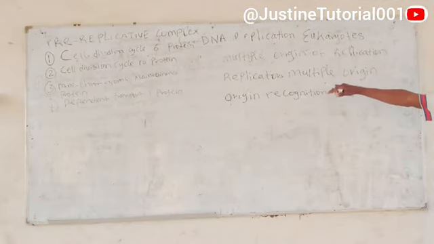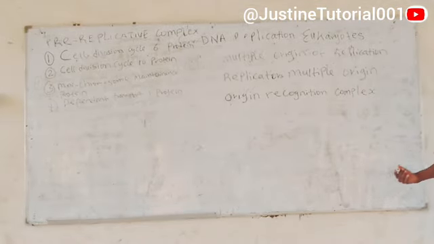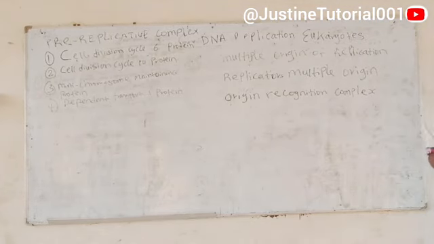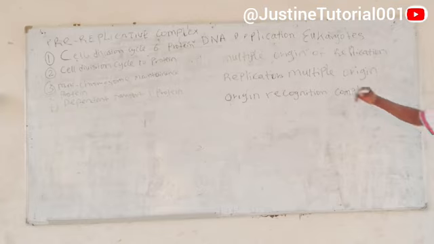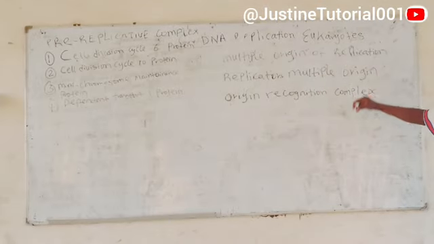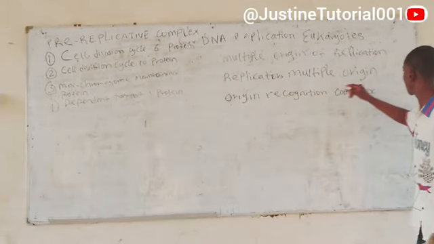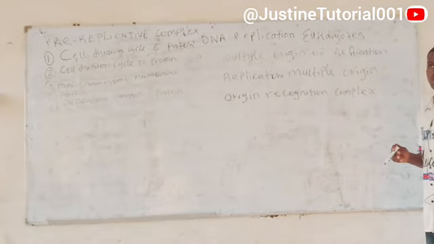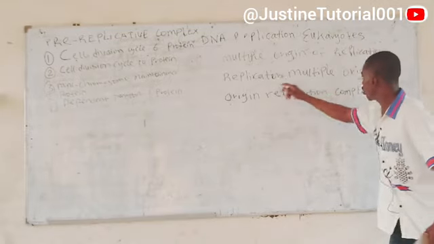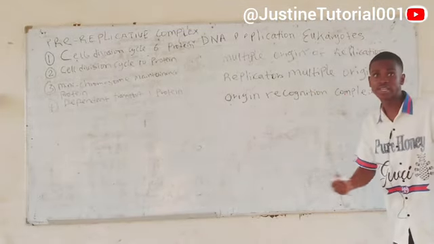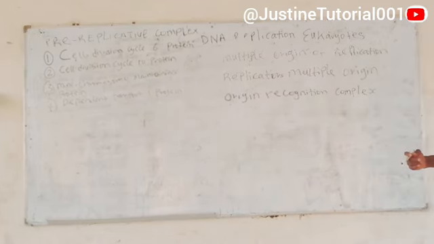This multiple origin of replication serves as a site to which the origin recognition complex binds. I said earlier that the multiple origin of replication is distributed along each chromosome, called the replicator's multiple origin. This replicator's multiple origin forms or creates the replication fork.